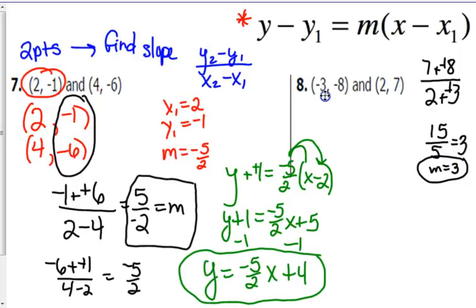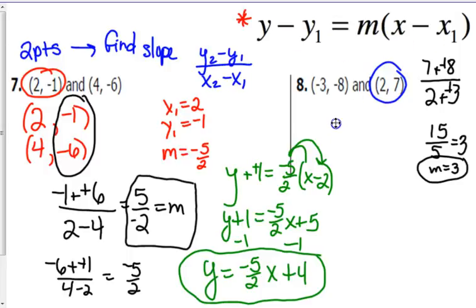Brady, which point should we use? You want to use negative 3, negative 8, or 2, 7? Okay, we're going to use these two. And we're going to put in the y and the x. What is that going to look like? Alex, can you do that part?